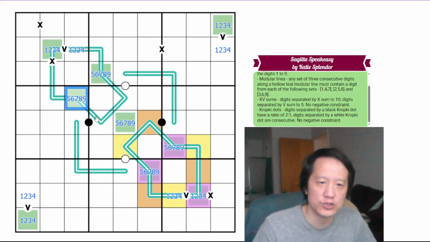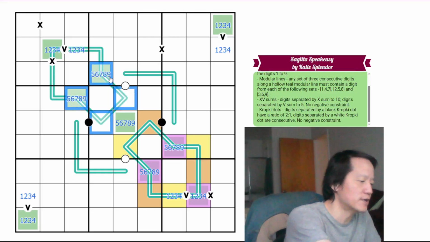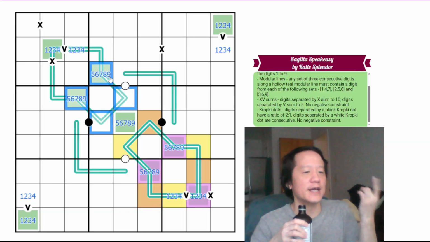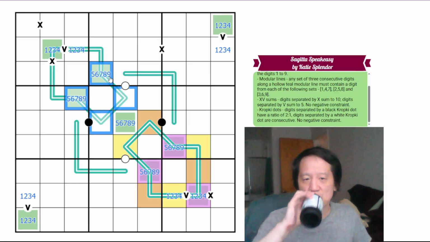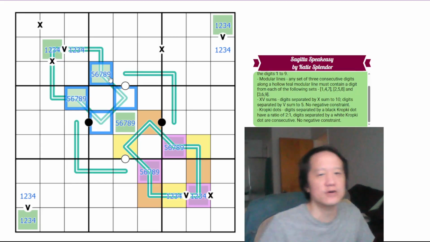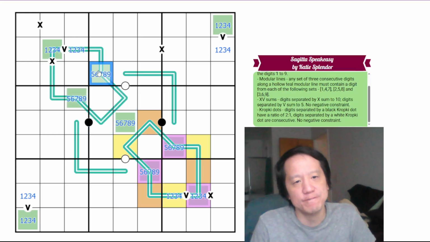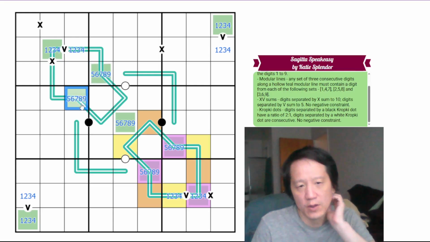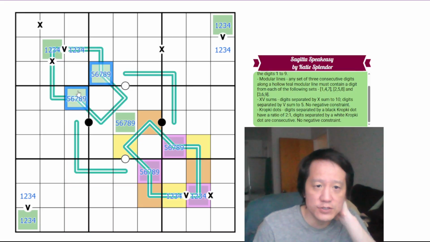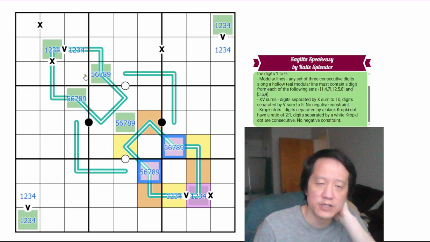Because of the way that three digits work on a modular line, or any line that must contain one of three distinct sets, every third digit on those lines must be the same set as every other third digit there. Therefore, these two are the same modularity, so these must be a different modularity. We don't know which though.